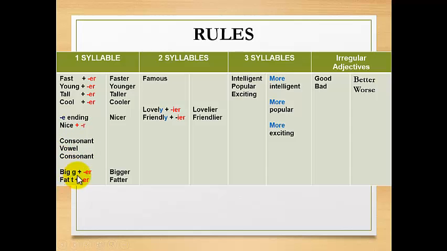And we have to double the consonant and just add er. So we have bigger. For example, with fat, we have F consonant, A vowel, T consonant. So we need to double the letter T plus the ER ending. And finally, we have fatter.